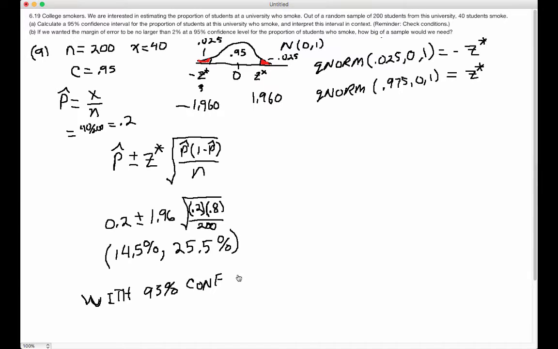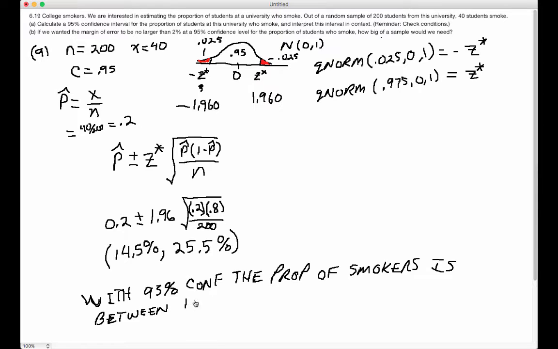So with 95% confidence, the proportion of students that smoke, of smoking students, I want to say smokers, I'll just make it easier here, is between 14.5% and 25.5%.